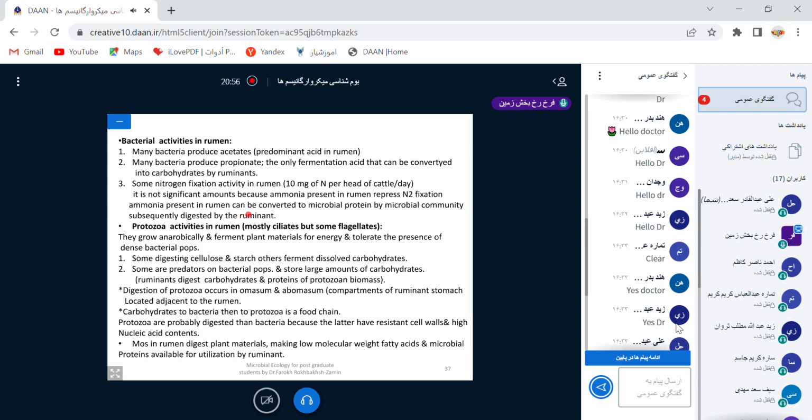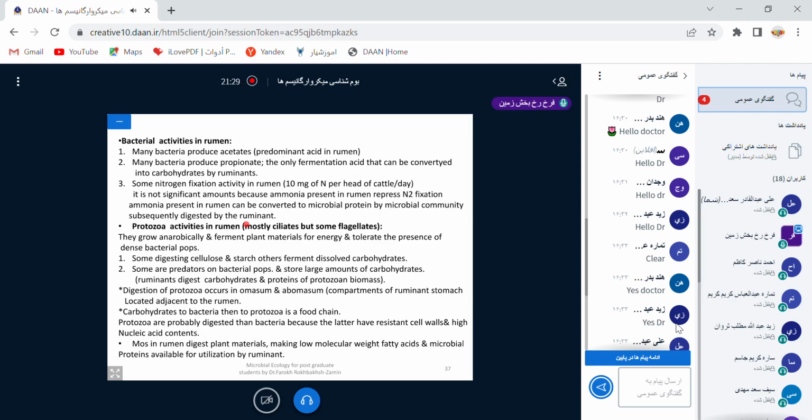Ammonia present in the rumen can be converted to microbial protein by the microbial community, subsequently digested by the ruminant. So bacteria present in the rumen change cellulose to acids, acids go to blood, by blood going to cells, and in the cells changing to ATP.